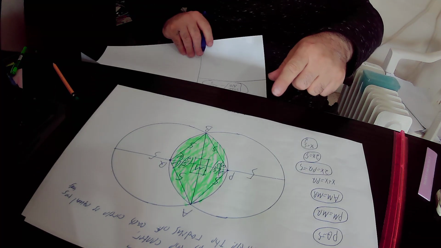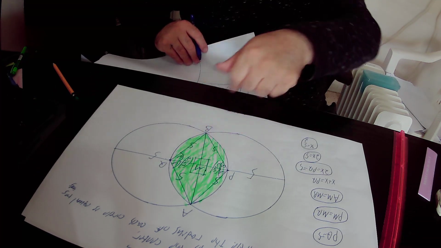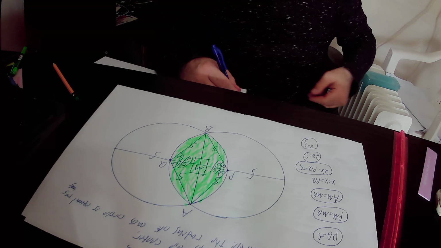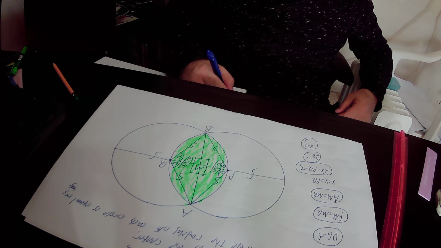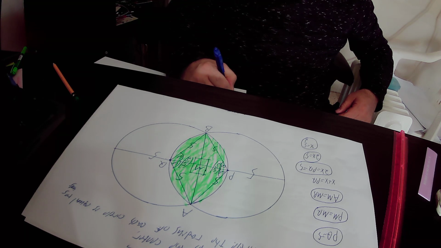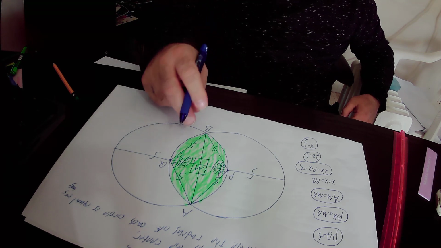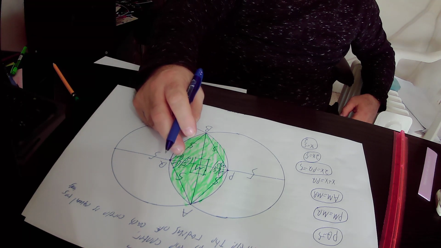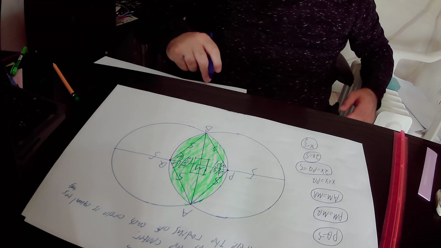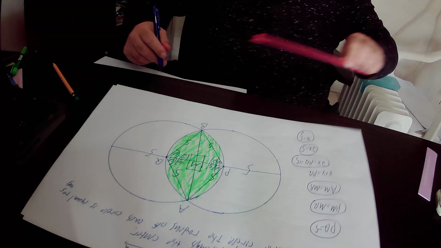What is the area of sector AQB? The area of sector AQB is equal to pi r squared times 120 degrees over 360 degrees. I write it down.